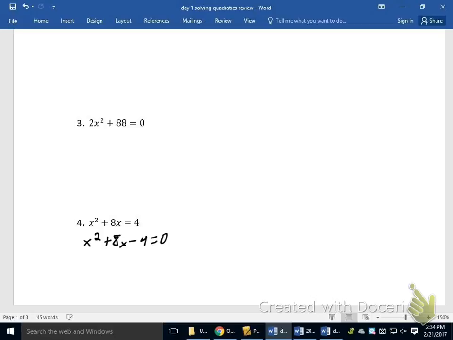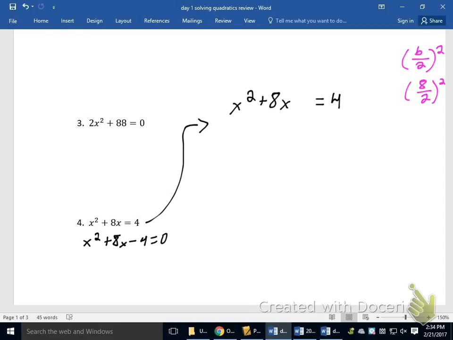You're allowed to use the quadratic formula if you prefer to. If I'm completing the square, I'm going to pick this up on the top right here. x squared plus 8x. I'm going to leave that constant value, the 4, on the right-hand side. Now, to complete the square, you always use the formula b over 2 squared, which in this case the b is 8. So 8 over 2 is 4, 4 squared is 16. That's the value I'm going to add to both sides of the equation to complete the square.